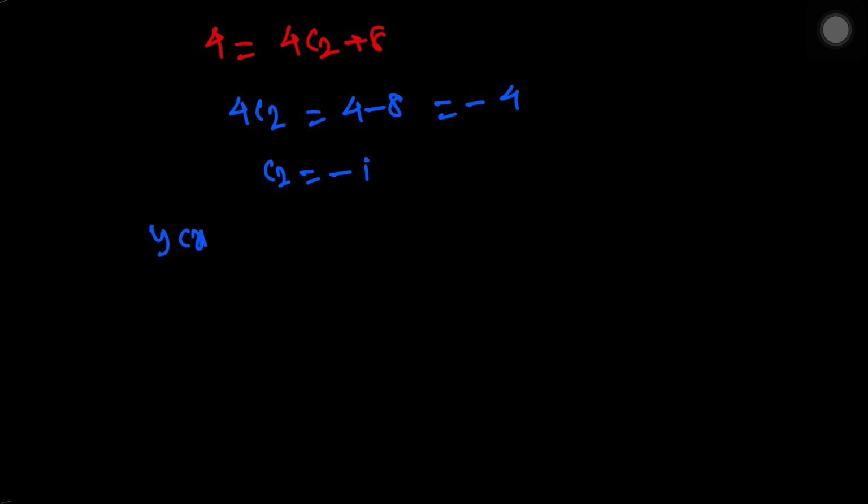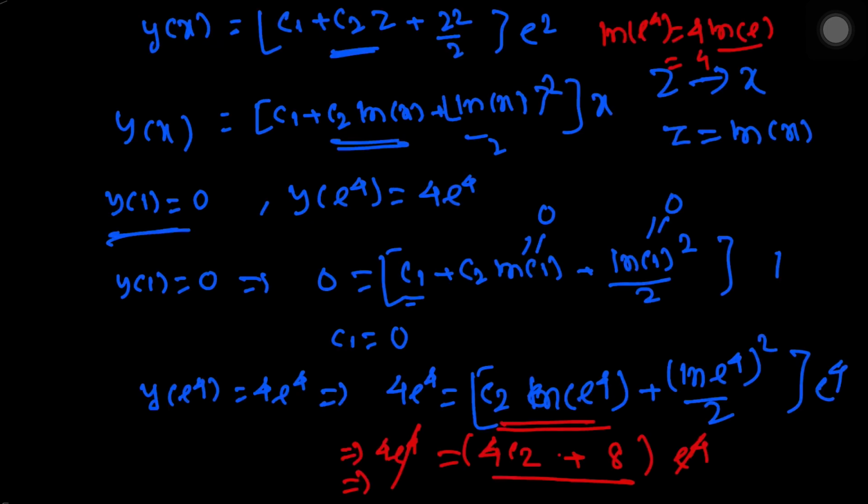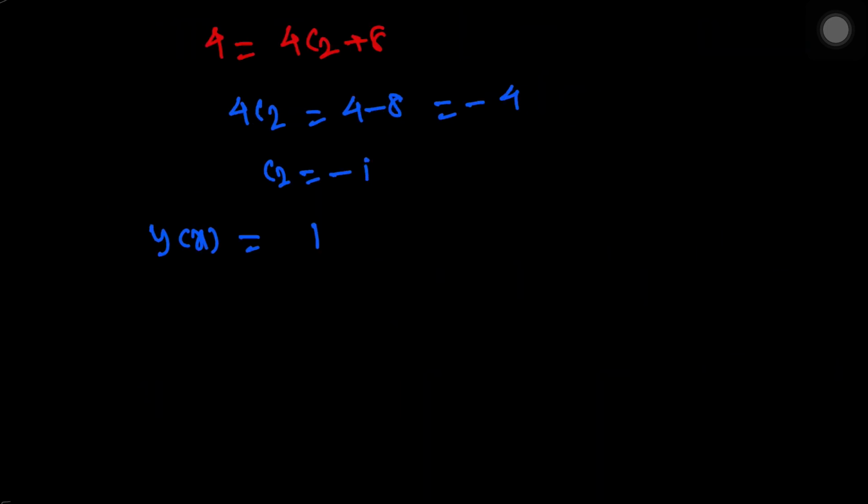So the solution becomes y(x) equal to, c2 becomes minus 1, so let's see, (minus ln x plus (ln x) whole square by 2) into x.